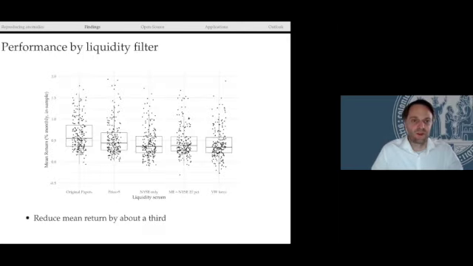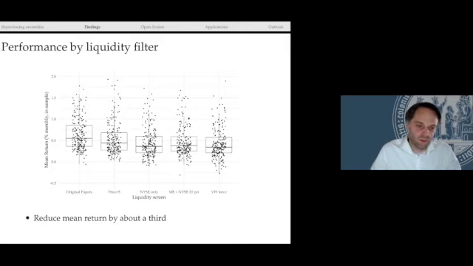Okay. Now that we have this nice data set, we can do a bunch of things. For instance, we can look at how different liquidity filters affect return results. So here, what you can see on the y-axis is the mean return of different predictors. So each dot here is the return of one predictor. This is monthly return in the original sample periods.